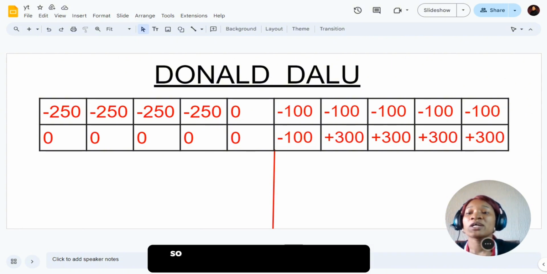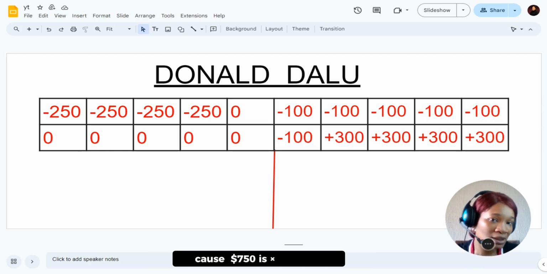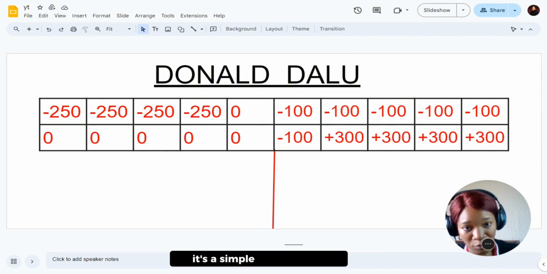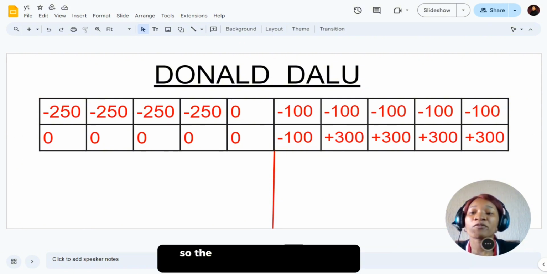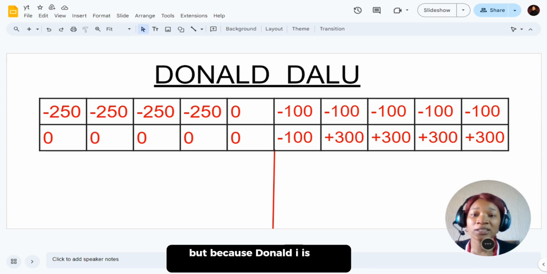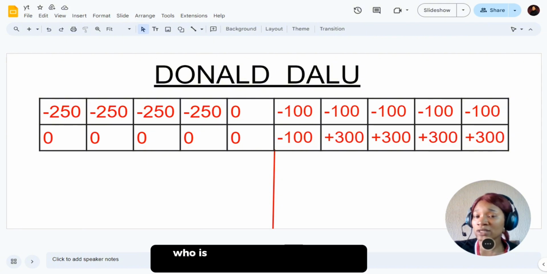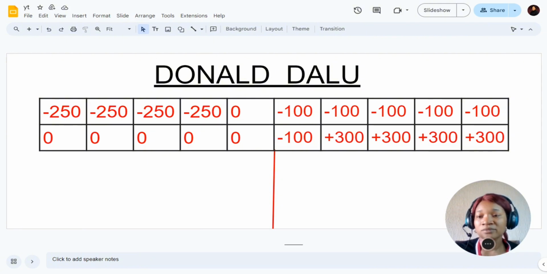He risked $250, hoping to make $750, because $750 is times 3 of $250. It's simple math. So on the first trade, Donald lost $250, while Dalu, who is a conservative trader, lost only $100.